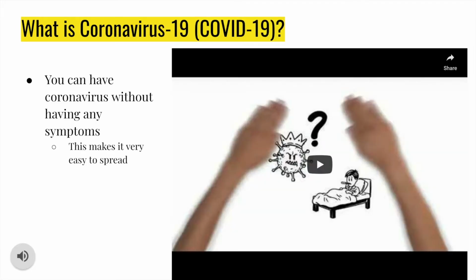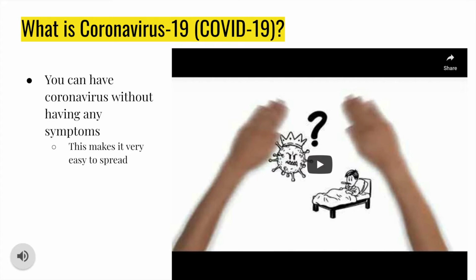Like I mentioned before, coronaviruses are just a category of viruses. COVID-19 falls under the category of a coronavirus. There's a 19 after coronavirus because 2019 was the year that COVID-19 first emerged.